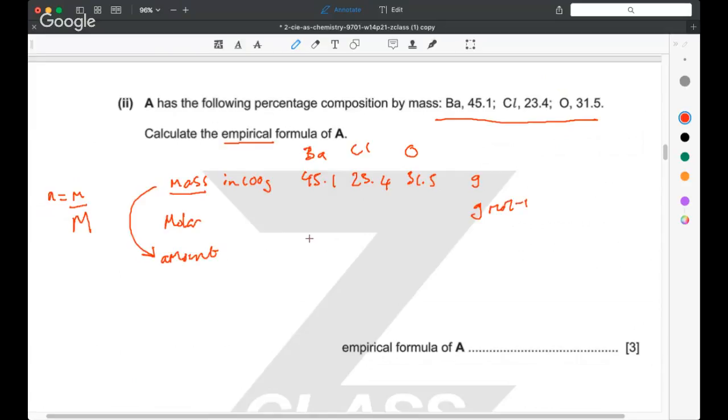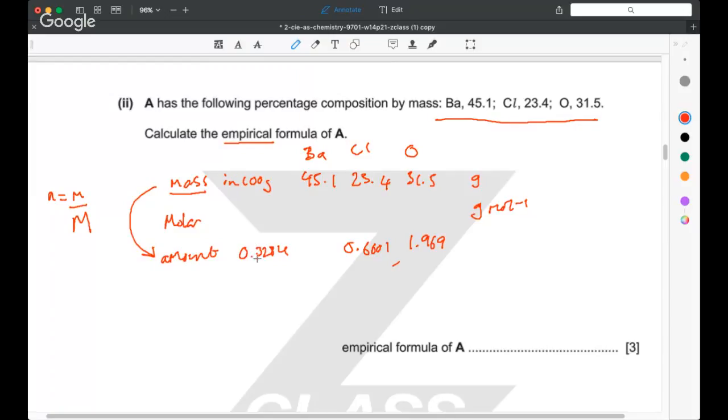And then you can do that division there, the mass divided by the molar mass, and you end up with these amounts. So 0.3284 moles for barium, 0.6601 moles for chlorine, and 1.969 moles for oxygen.